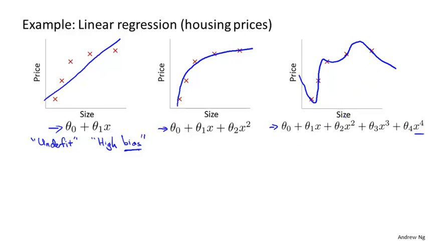We don't actually think that's such a good model for predicting housing prices. So this problem we call overfitting, and another term for this is that this algorithm has high variance.